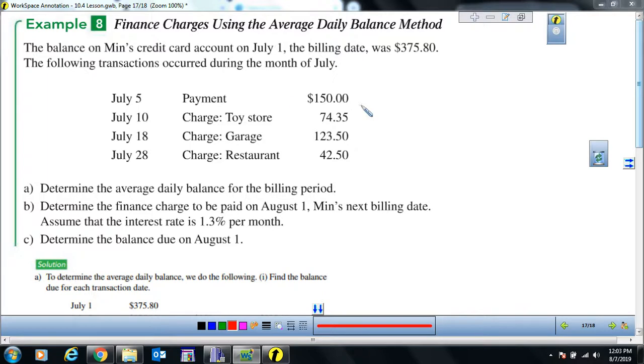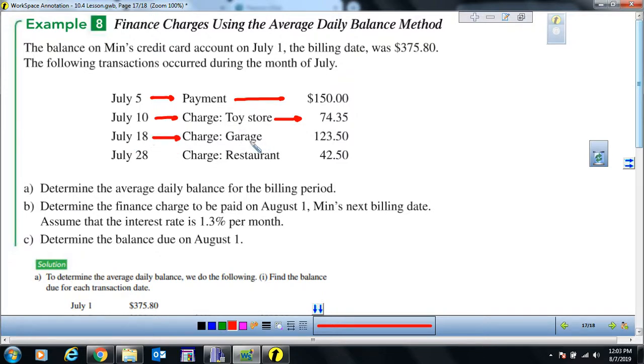The balance on Means' credit card account on July 1st, the billing date, was $375.80. The following transactions occurred during the month of July. On July 5th, Means made a payment of $150. On July 10th, Means used the credit card and charged $74.35 at a toy store.